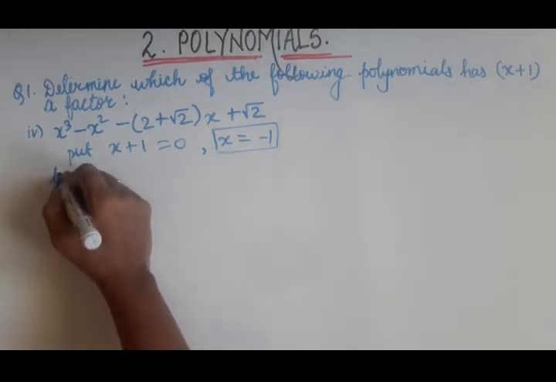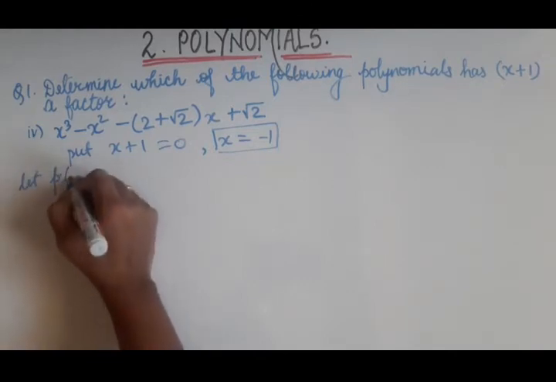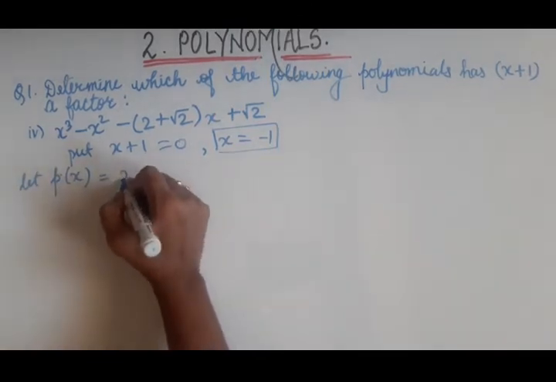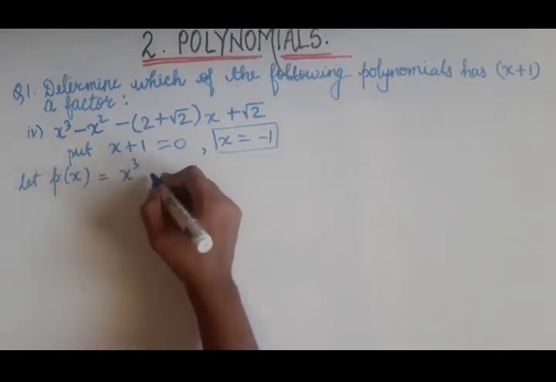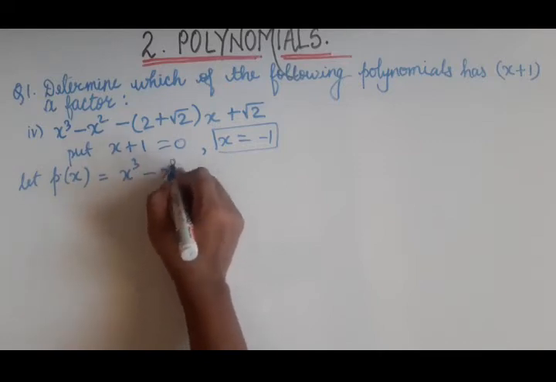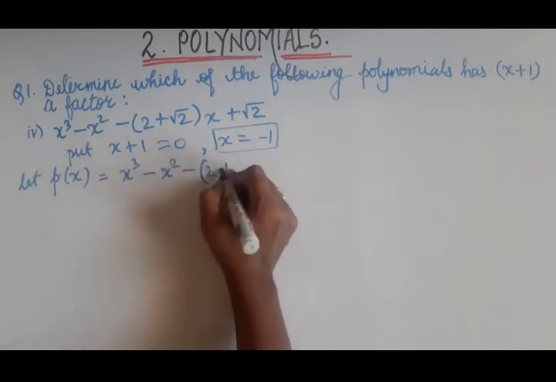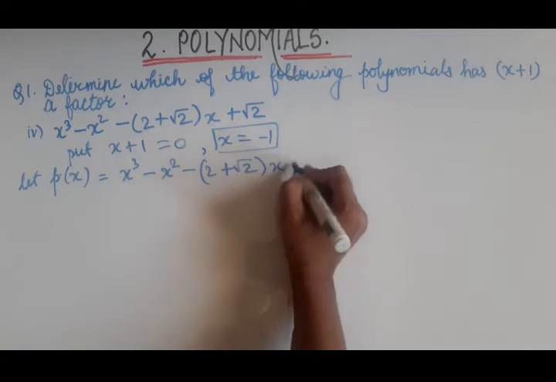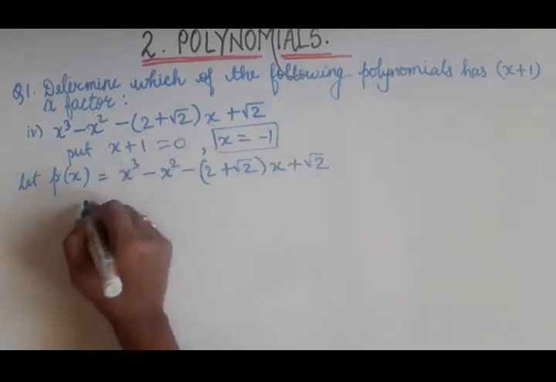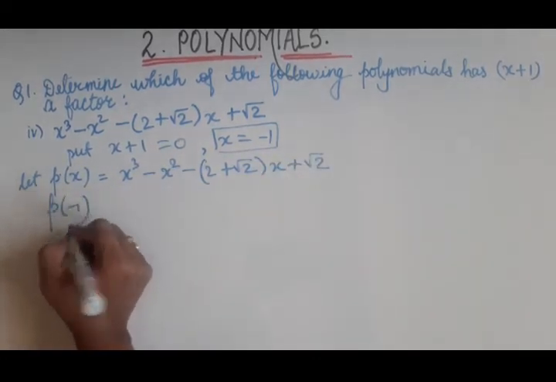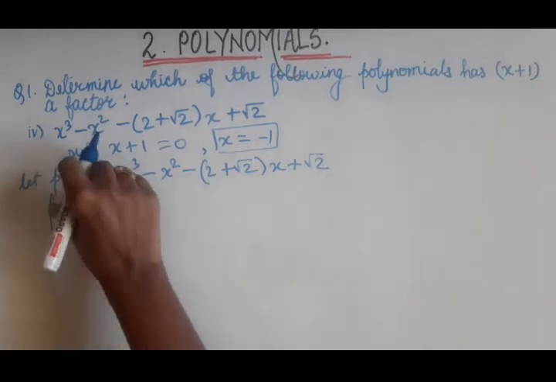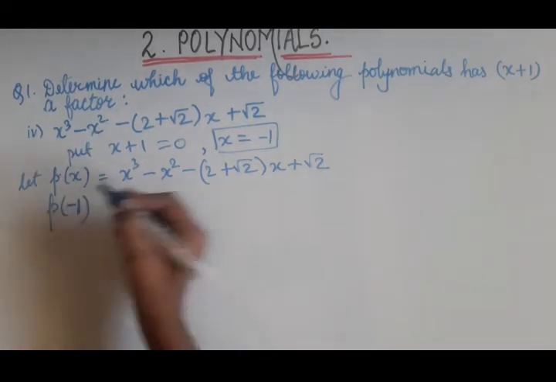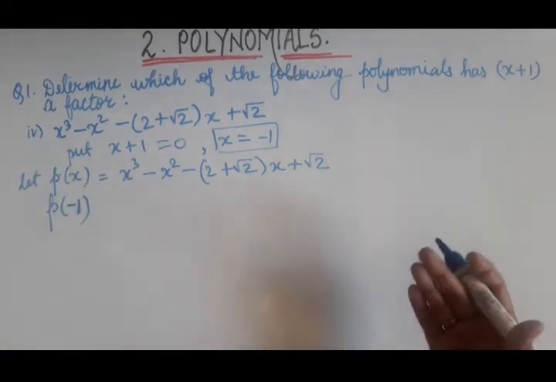What is your dividend? So let p of x equal your dividend, x cube minus x square minus (2 plus root 2)x plus root 2. Okay. Now find p of minus 1. If p of minus 1 is coming 0, then it will be a factor.